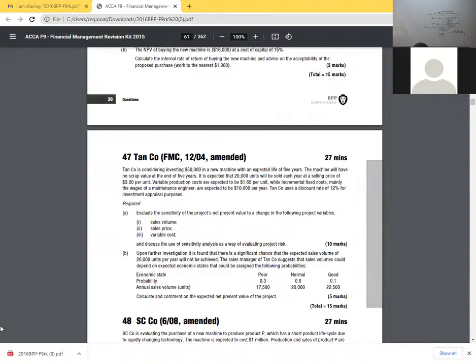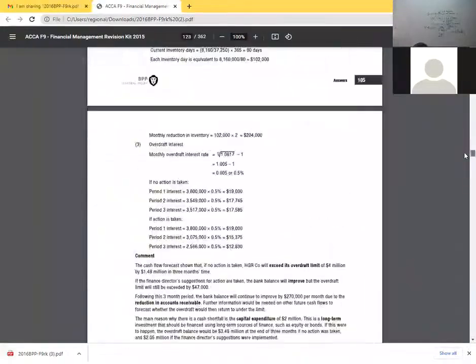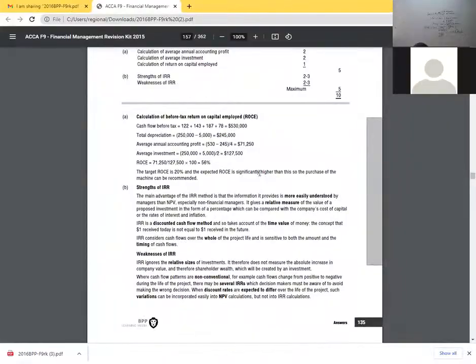Okay, so I can see one chart here. Expected net present value 18,000. No. 93.6. Let's see. 47. Great.